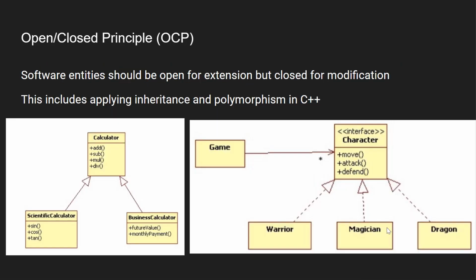Next, we have the open-closed principle. What this means is that software entities that are developed should be open for extension but closed for modification. In the C++ programming language, this can include applying the concepts of inheritance and polymorphism in our C++ programs.